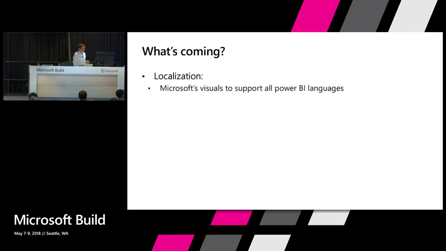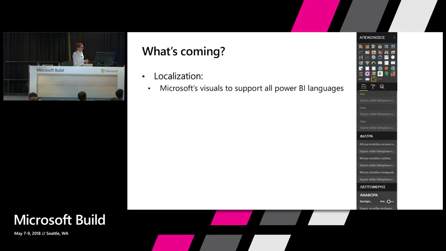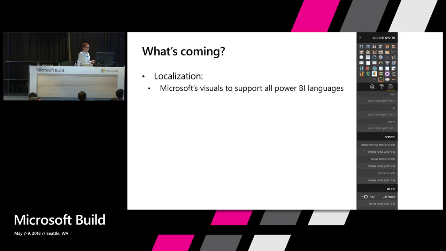And another feature that we are working on and is going to be released soon is localization. So all the Microsoft visuals, the in-house custom visuals, fully support localization on all Power BI languages, which are 44 languages. This is, for example, for Greek and Hebrew.